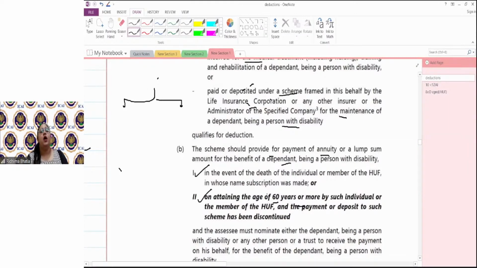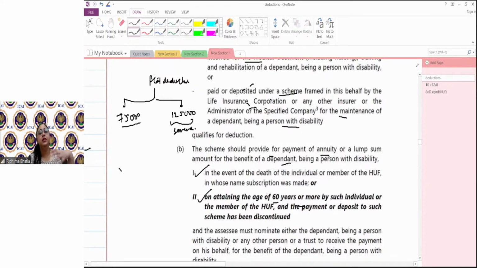If the assessee is maintaining a dependent disabled, there is a flat deduction, as in you spend a penny, you get a flat deduction. Flat deduction is 75,000 in case we're talking about a dependent disabled with a normal disability, but it would increase to 1,25,000 if you're talking about a dependent disabled with severe disability.